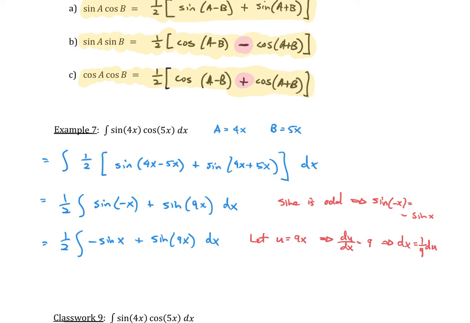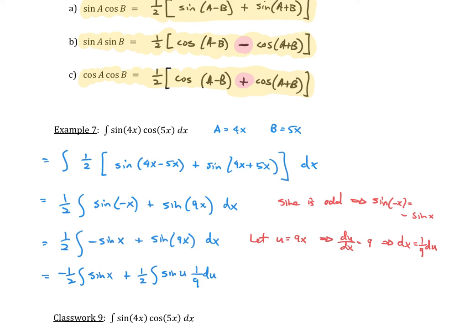So let's rewrite our integrals. Let's split into two integrals. We're going to have negative 1/2 integral of sine of x. And then for the second one, we're going to have a plus 1/2 integral of sine of u times 1/9 du. That's using our substitution.